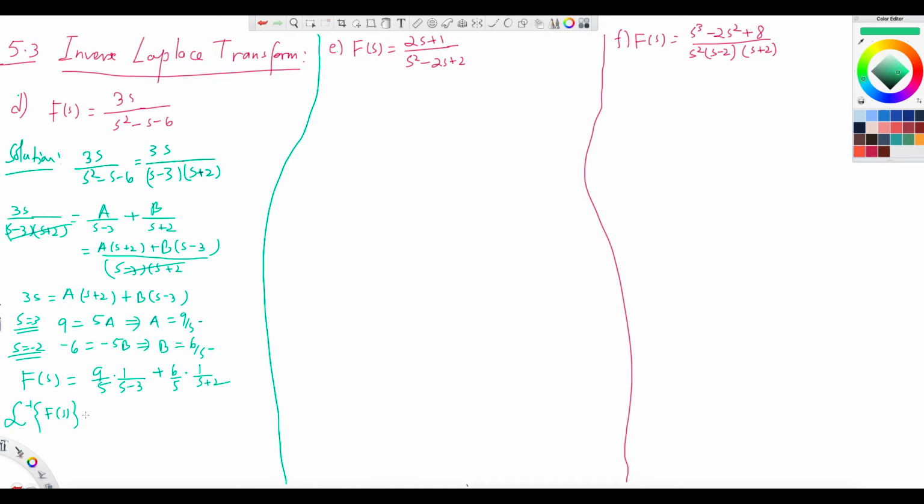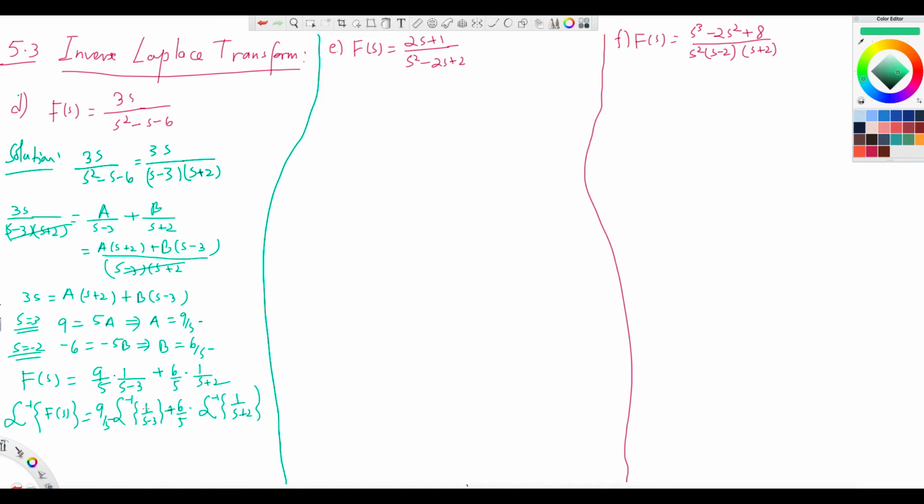So this is the same as taking 9/5 times the inverse Laplace transform of 1 over s minus 3, plus 6/5 times the inverse Laplace transform of 1 over s plus 2. Do you remember what function has Laplace transform 1 over s minus 3?